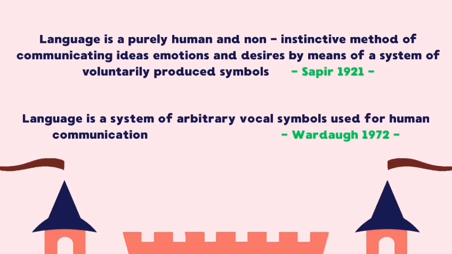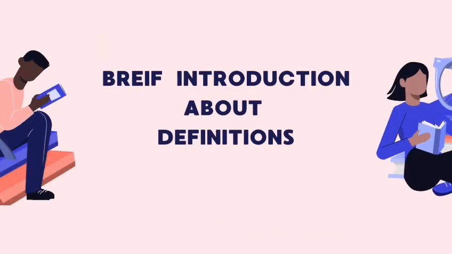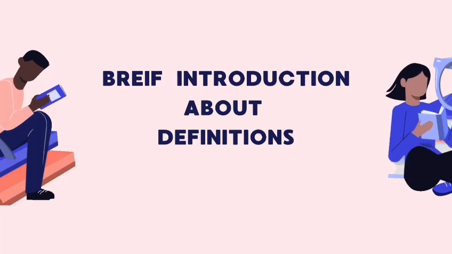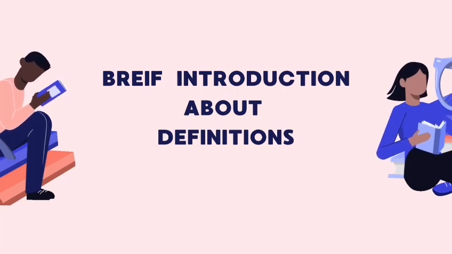That is the meaning of language. I hope you all understand what language is and how language is defined by linguists one by one. That is the small introduction part. The next part is a brief introduction about these definitions.